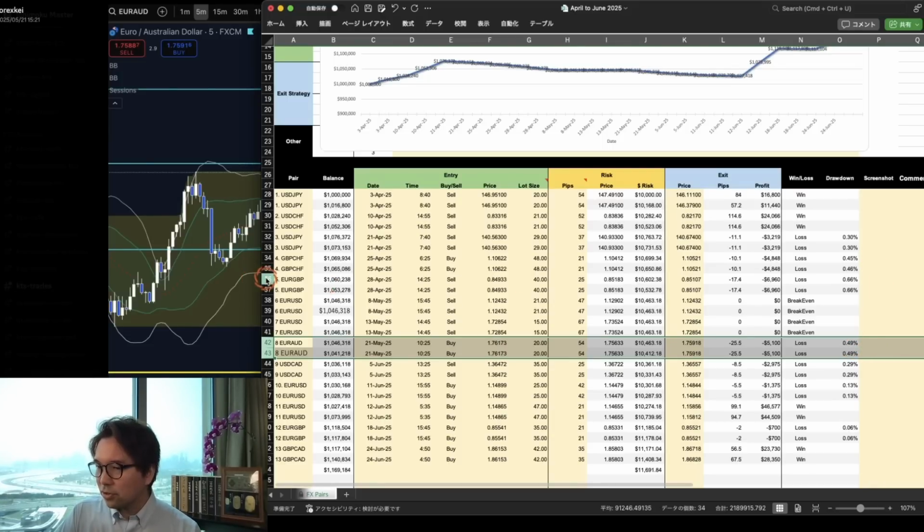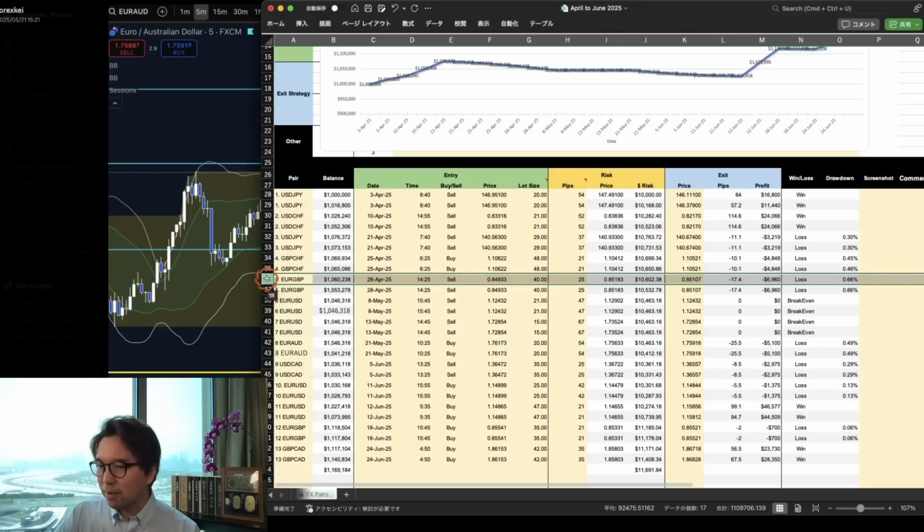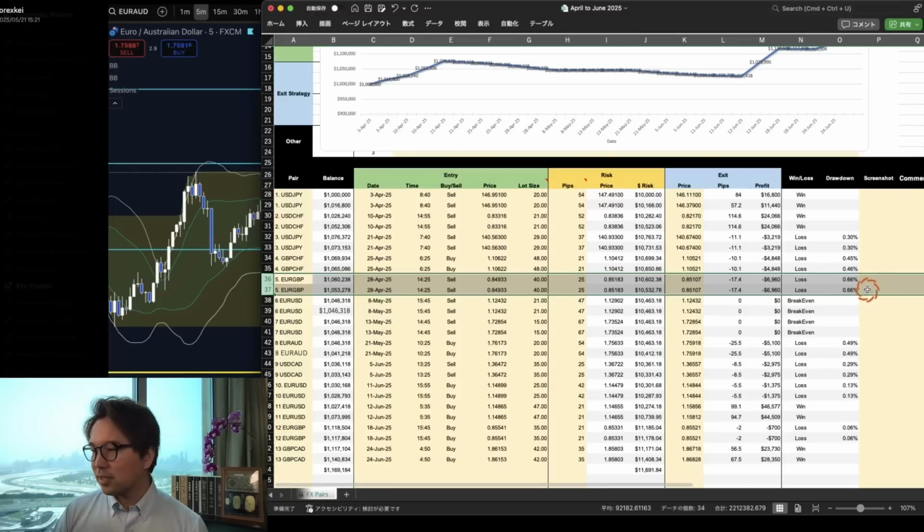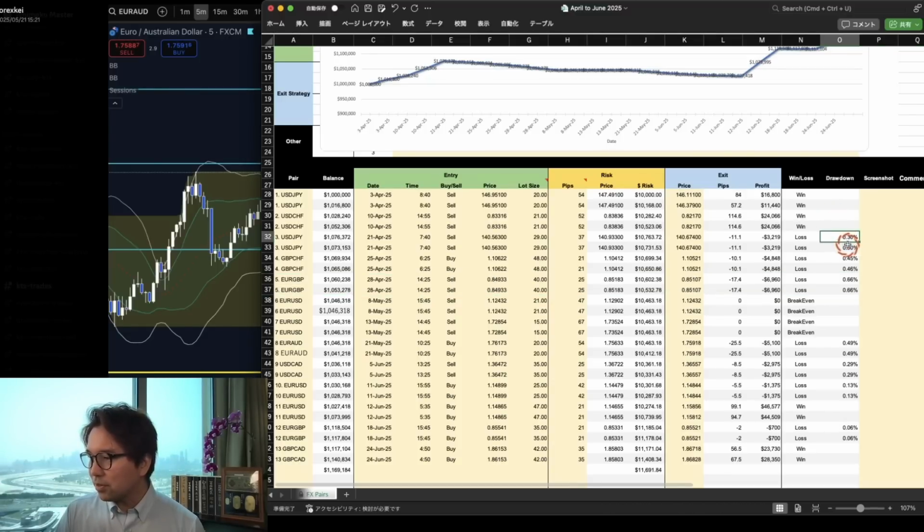Actually, the biggest drawdown for the last 3 months was Euro Pound, but even so, I only lost 0.66 times 2, which is very small. And the rest of the drawdowns are kept small: 0.3% times 2, or 0.45% times 2, 0.29% times 2, and 0.13% times 2, and 0.06% times 2.